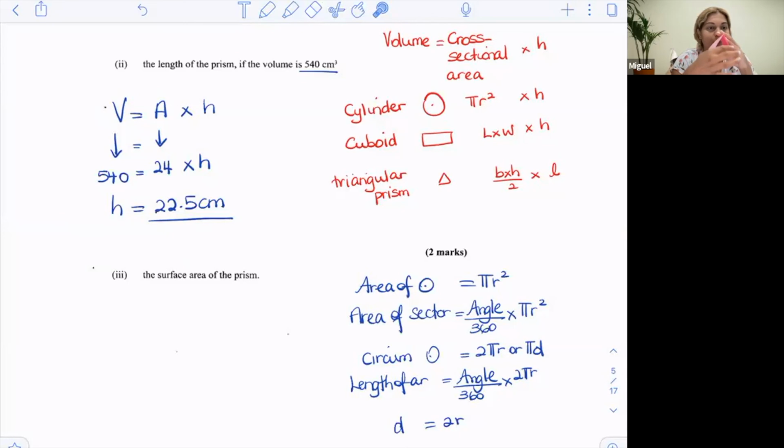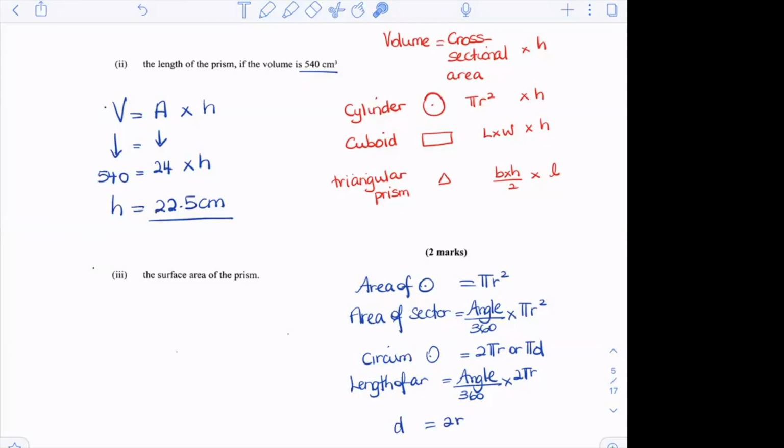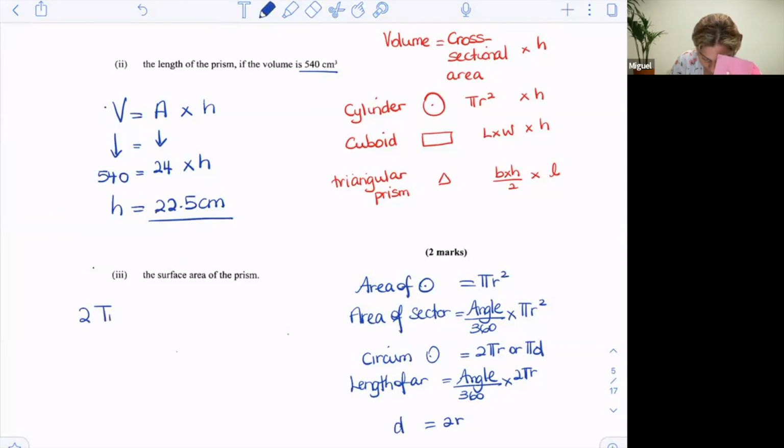So I have one triangular face. I have another triangular face. Are you all seeing that? Yes, miss. So I have two triangular faces. I have one rectangular face and I have another rectangular face and I have another rectangular face.